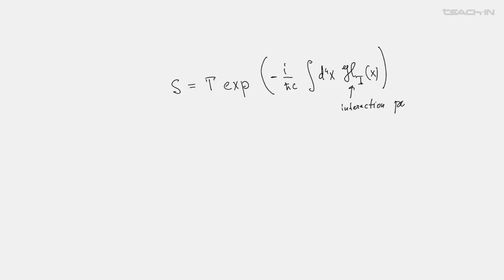S time ordering, exponential of minus i divided by h bar c, integral, four-dimensional integral of the Hamiltonian density, where this H_I is the interaction piece of the full Hamiltonian.